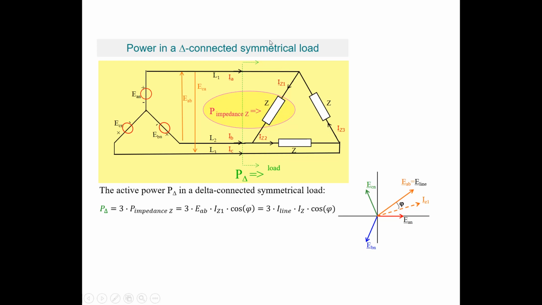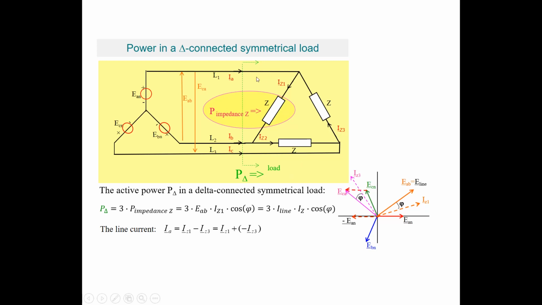What we can do now is we can use one of Kirchhoff's laws, which says that the line current IA is equal to the current through this impedance IZ1 minus, because of the opposite direction, minus the current IZ3.